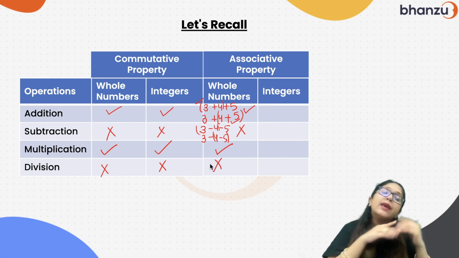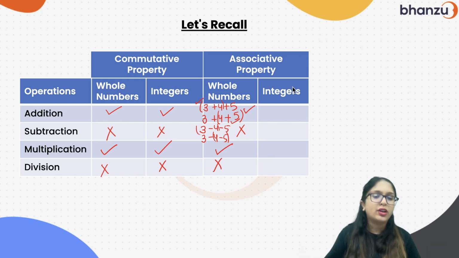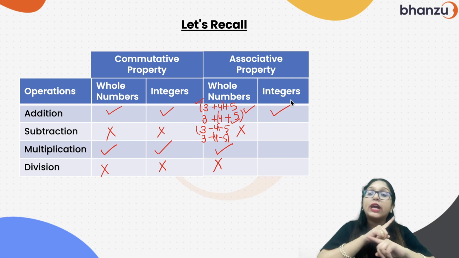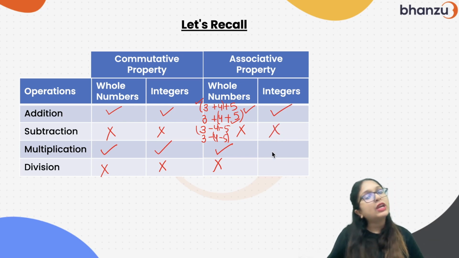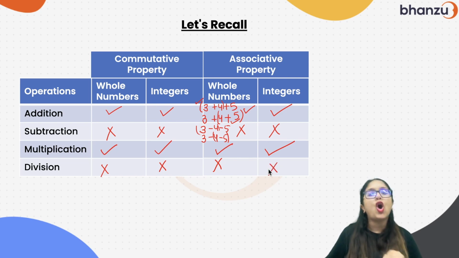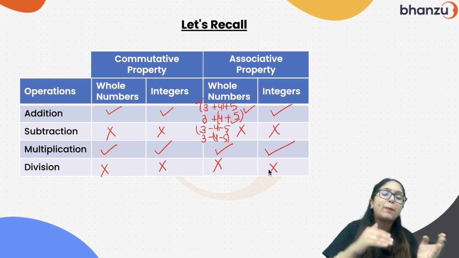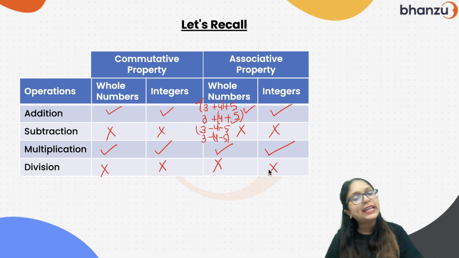And the same goes with integers. Integers can be added in any order, that doesn't matter. But in subtraction, you cannot subtract in any order. You can multiply in any order, but you cannot divide in any random order. So this is what we have recalled about commutative property and associative property.